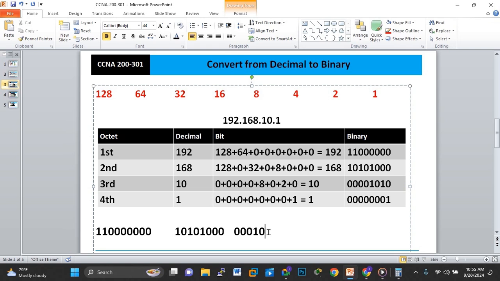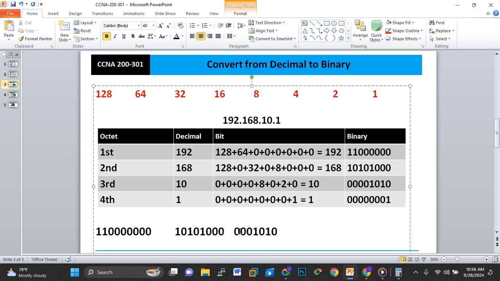It should be on, because if you add 2 to 8, it gives you 10. So the last bit will be off, because we already have the bits we are looking for to give us this particular 10.